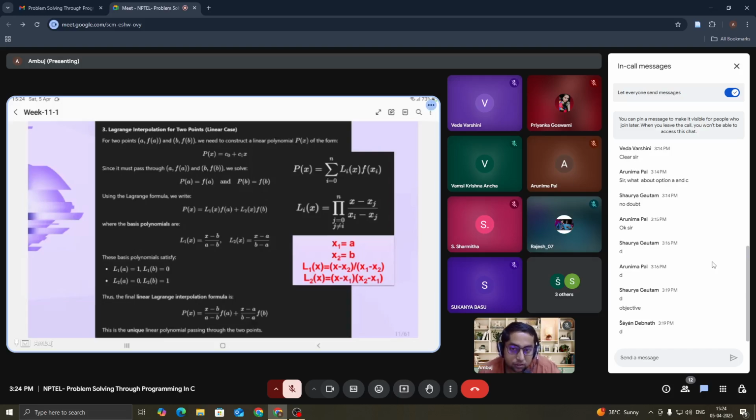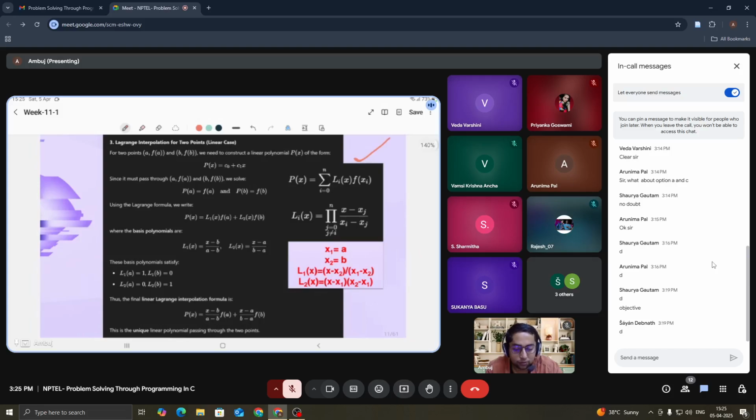Now you have been given two particular points. The first point is a comma f of a. The second point is b comma f of b. So you already know that your Lagrange polynomial has to pass through these points. Now I will construct the polynomial using this expression only.